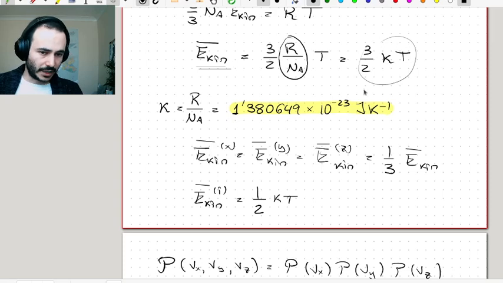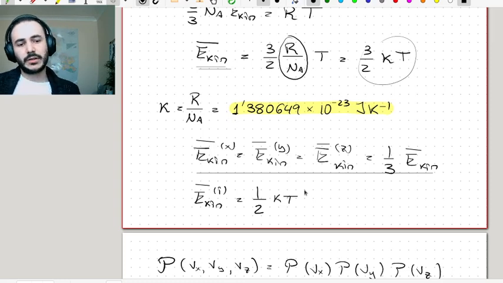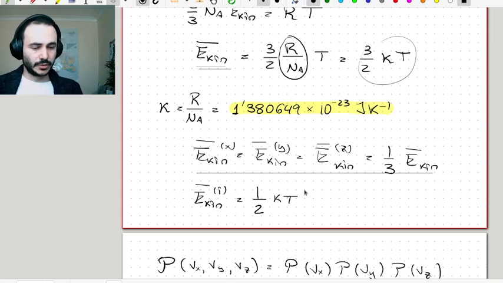That is 1/3 of this expression here because of what I just wrote here. Okay, so each degree of freedom of this system of these particles, x, y, and z, when in thermal equilibrium, contributes with, or receives, 1/2 of kT energy on average. Okay, each degree of freedom of each molecule has on average this 1/2 of kT as kinetic energy.